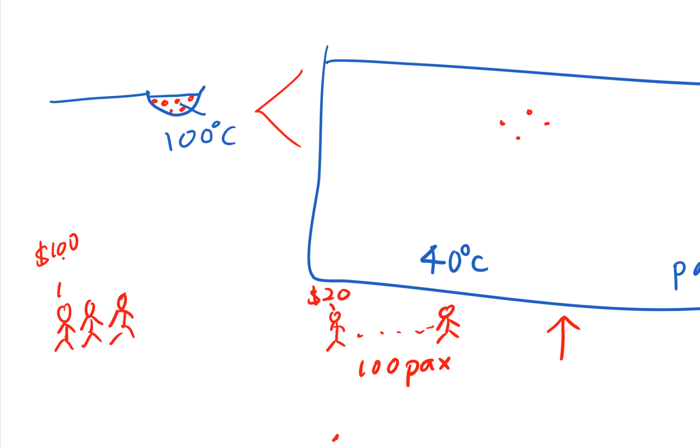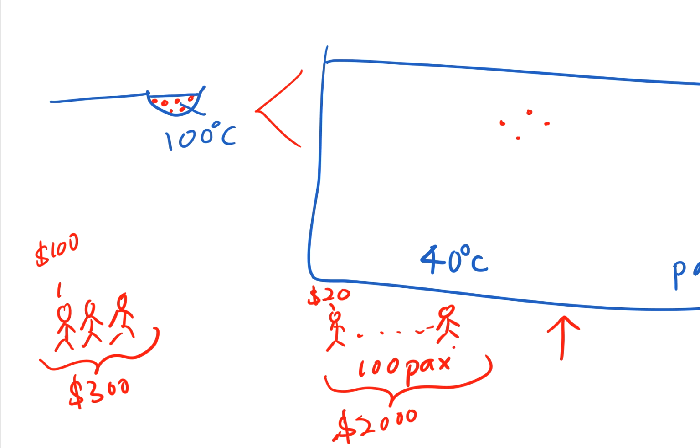Well, this one, even though each of them has more money, $100, because there are only three of them, the total is 300. This one, although each of them only has $20, when you have a large number of them, then you actually get $2,000, right? So therefore, this group I say is richer. And that's the reason why in the swimming pool the thermal energy is larger.